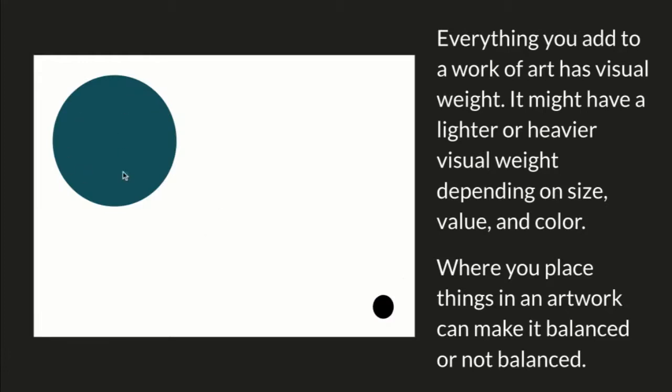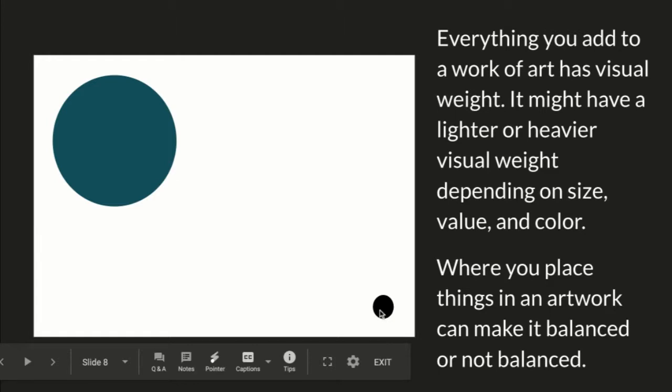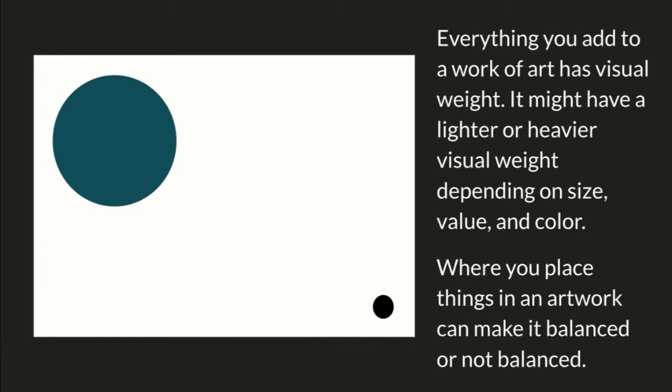And if we went back to our larger dark one but made the other small circle smaller, but then darker in value, so we're making it all the way black, as dark as it can be, because it's so small, it still is lighter in visual weight than our larger circle, even though it's darker in value. So it all depends about how big or how small, how dark or how light those objects are that you're adding to your artwork.